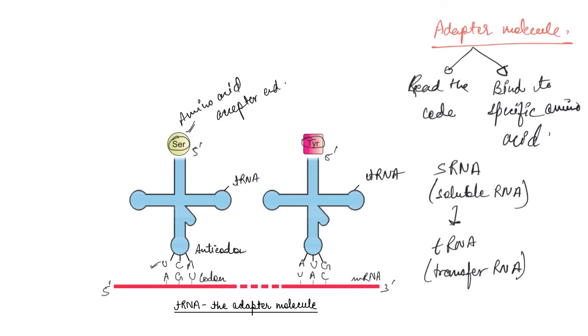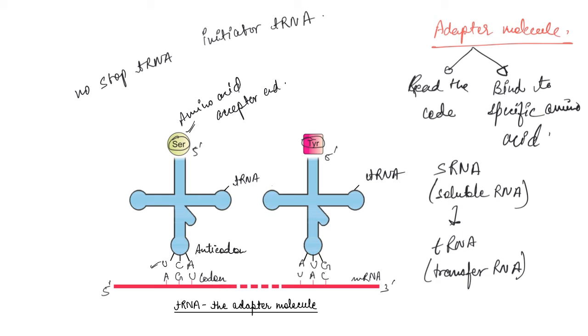Now, for any kind of initiation, there is another specific tRNA which is referred to as initiator transfer RNA, right? But there are no stop transfer RNAs. There are no tRNAs to code for stop codons, right? Now here you are looking at the entire tRNA molecule, which is coding for the amino acid.